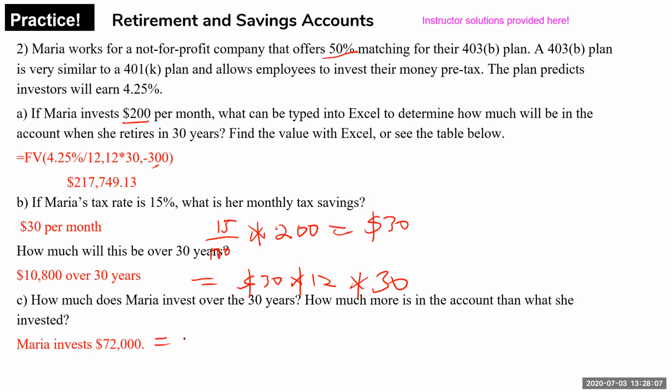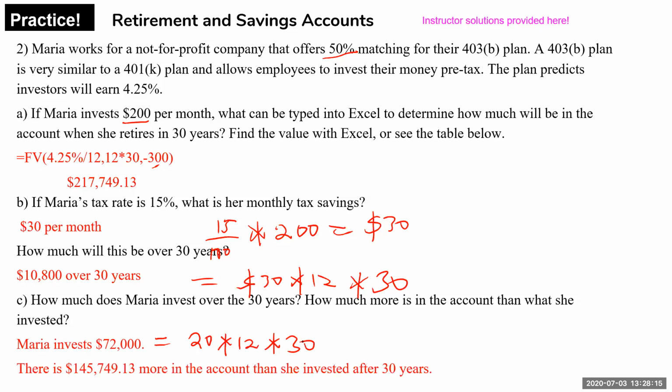So this value is coming from the fact that 200 multiplied by 12 and multiplied by what? 30. And that's how much Maria contributes. And this is more in the account than what she invested. Is that okay? Sweet. And that brings us to the end of our discussions on retirement savings.